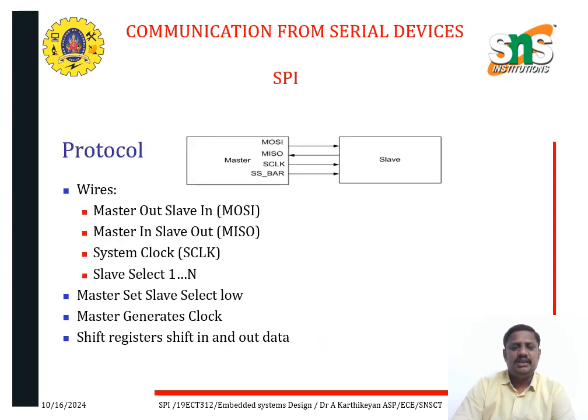Mainly, we have the master and the slave. The master has MOSI, MISO, clock and slave select. So how is the communication possible? The wires are MOSI, master out slave in; MISO, master in slave out; the system clock; and slave select, which selects which slave is used. So we mainly use 4 wires for communication: MOSI, MISO, SCLK and SS.